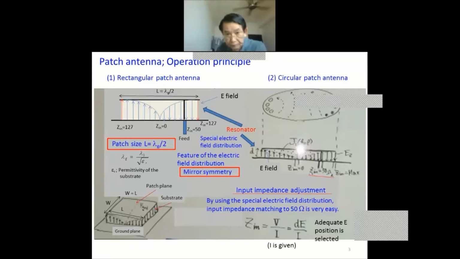The electromagnetic principle is this: the patch plate and the ground plate. These two plates perform as an electromagnetic resonator. In the rectangular patch like this, there is a resonator, and for the circular patch also. The resonance happens between the patch plate and the ground plate.